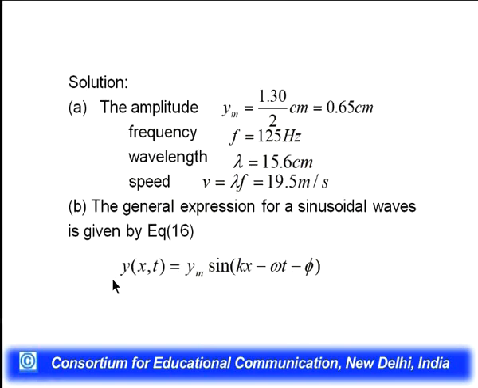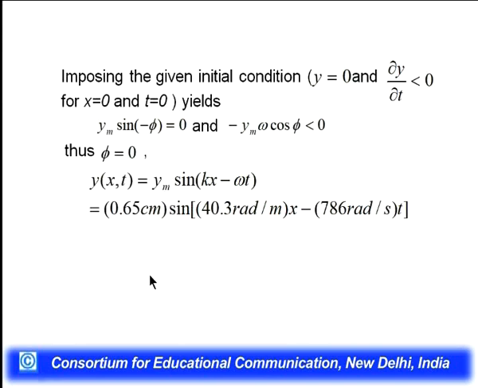Now imposing the given initial conditions, y equals 0 and del y by del t less than 0 at x equals 0 and t equals 0, yields ym sin(minus phi) equals 0 and minus ym omega cos phi less than 0. Taking this, phi is equal to 0, so y(x,t) equals ym sin(kx minus omega t). We will put all the values here, then calculate the wave equation from this.